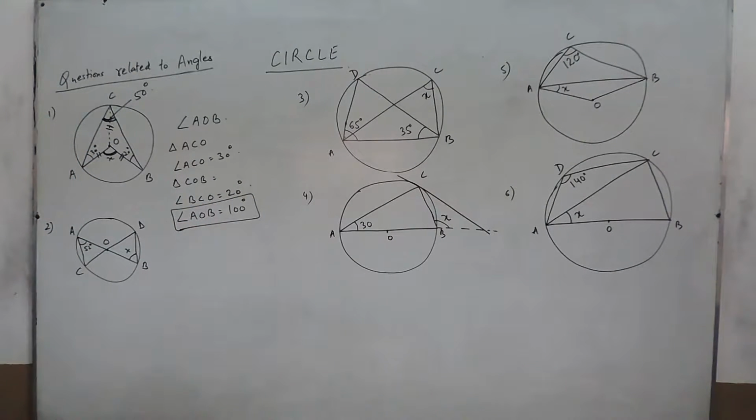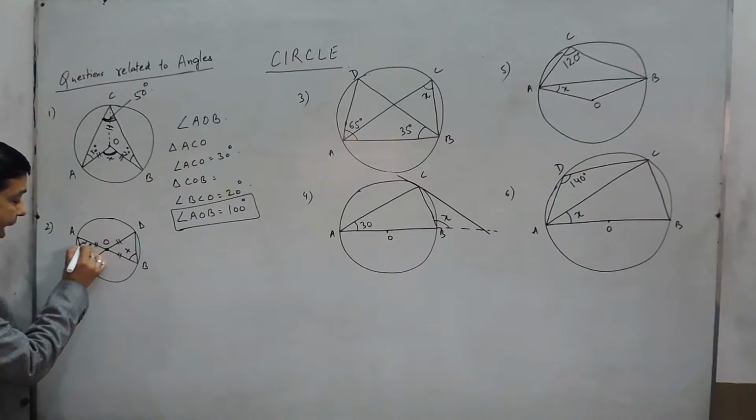There is yet another question where there is a circle and AB and CD are two diameters which are passing through the center of the circle, that is O. Now, as they are passing through the center of the circle, we understand that CO, AO, OD and OB, all of them are equal as they act as a radius of the circle.